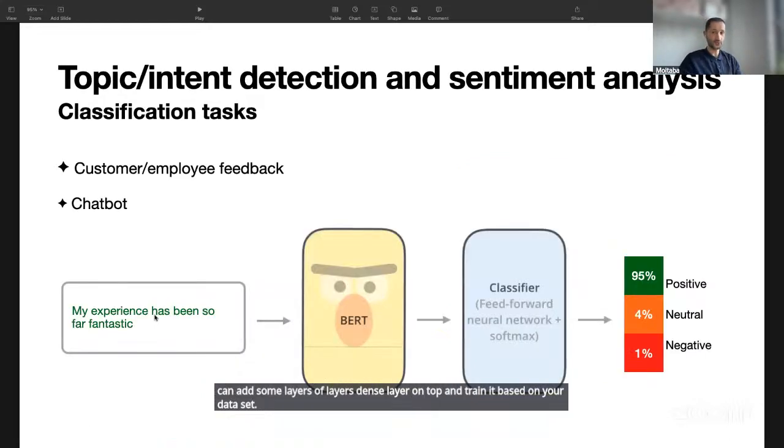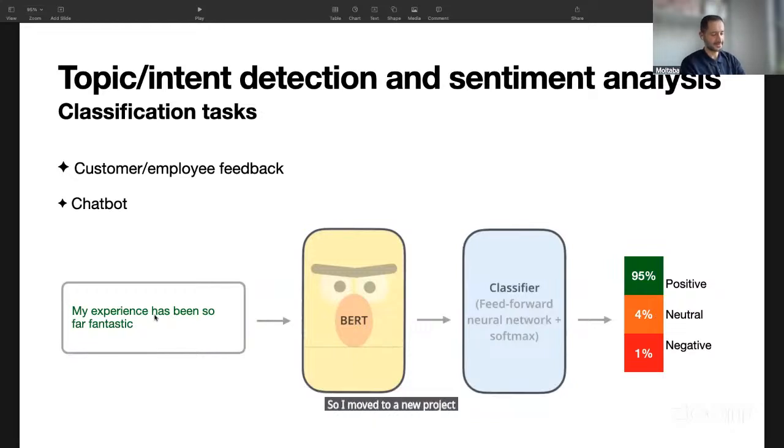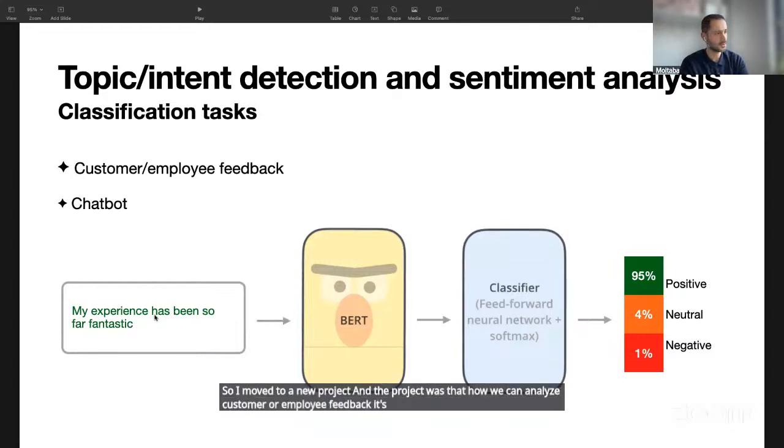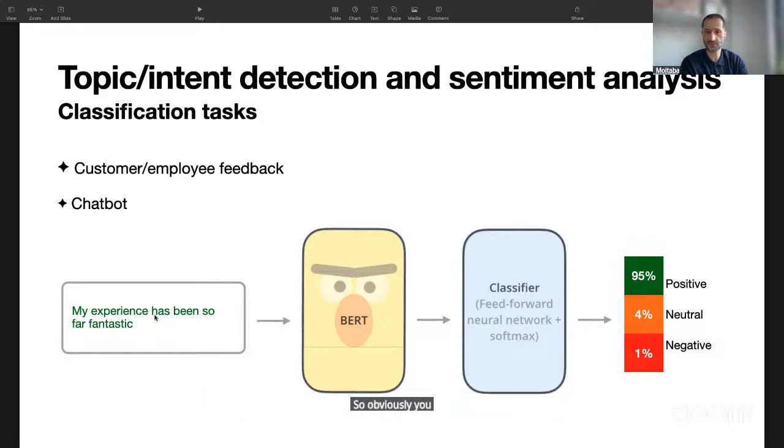So I moved to a new project, and the project was how we can analyze customer or employee feedback. It's a very common use case within industry. Any type of industry you go to, you might face this sort of use case. You might have a product, and obviously you receive a lot of feedback from your users.